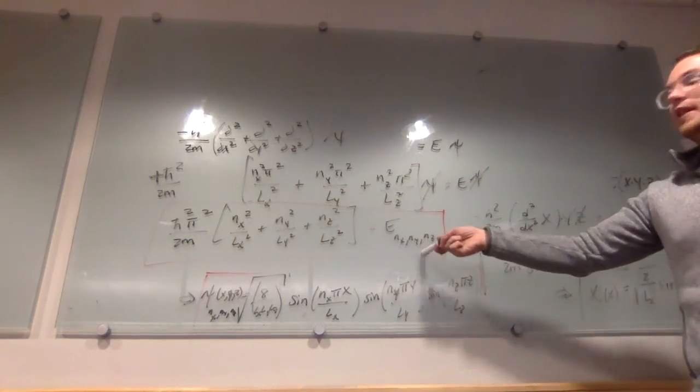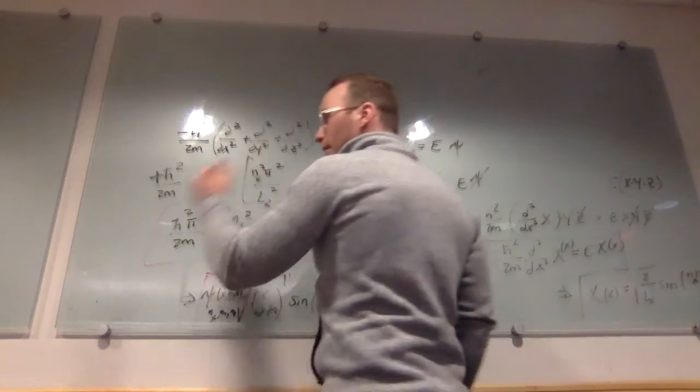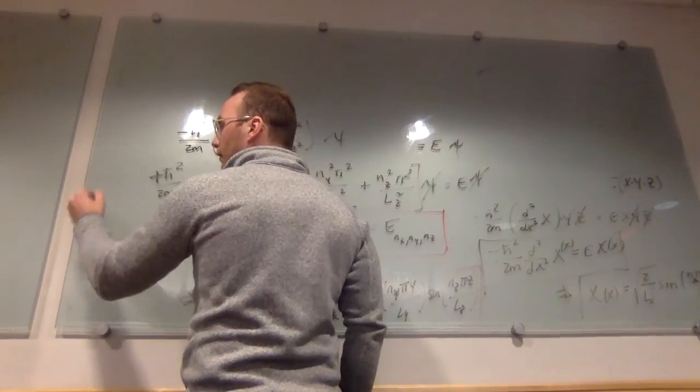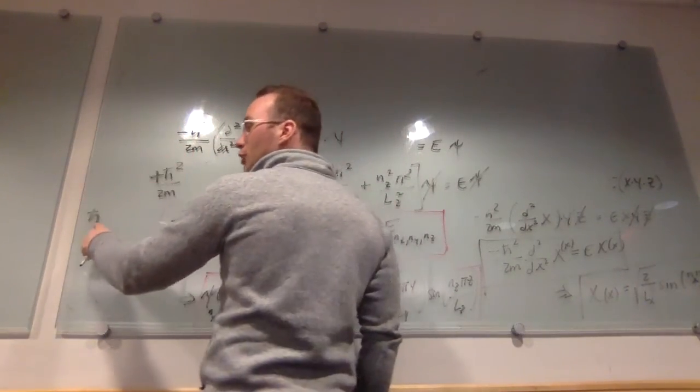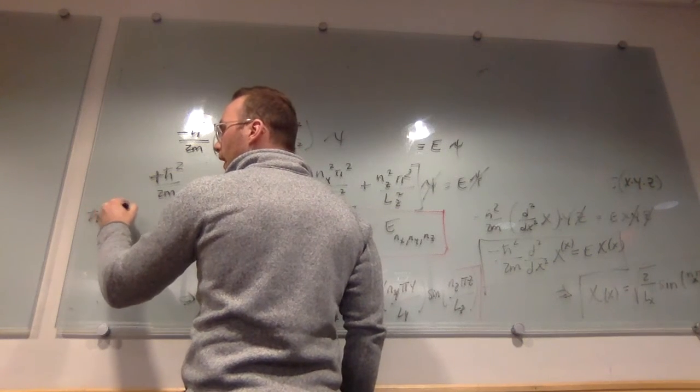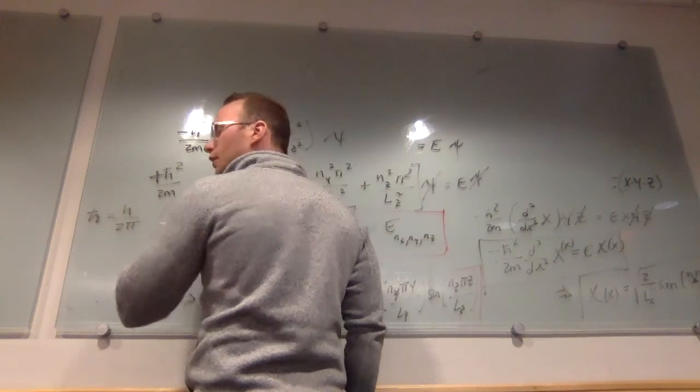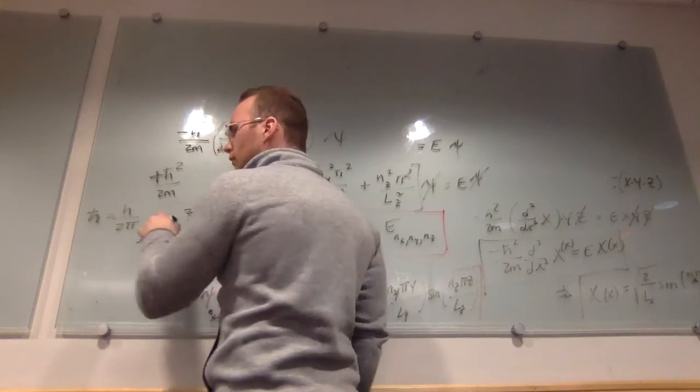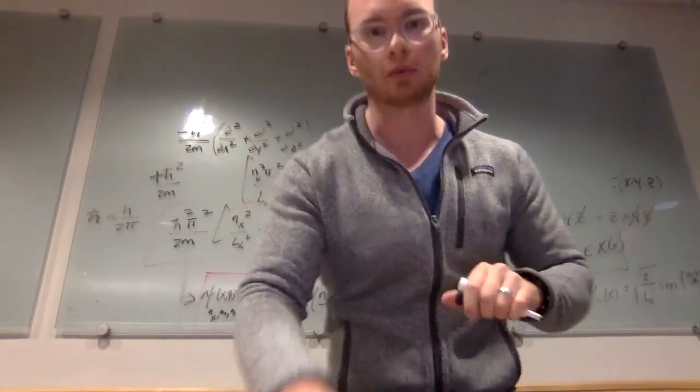They write this identical thing, but they use h bar equal to h over 2 pi, I believe, as I also said last week or something. Hold on.